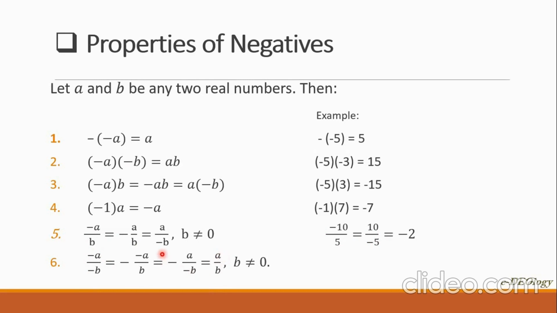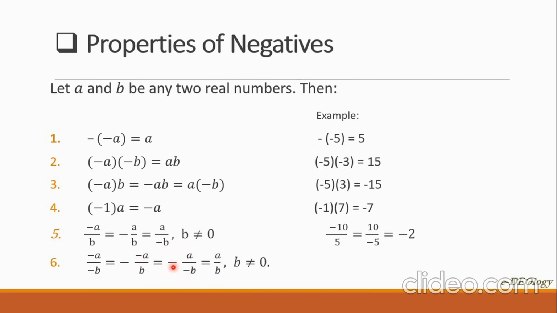There are some cases that look like this. There is a big negative sign outside, and then there is a division of two numbers of opposite sign. In this case, this is negative a over b, and on the other case, the b is negative and the a is positive.